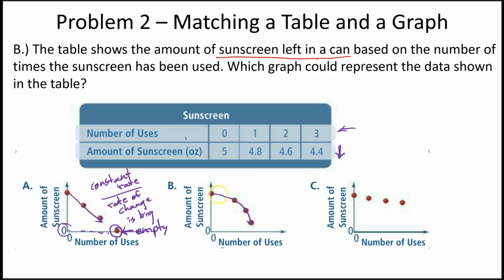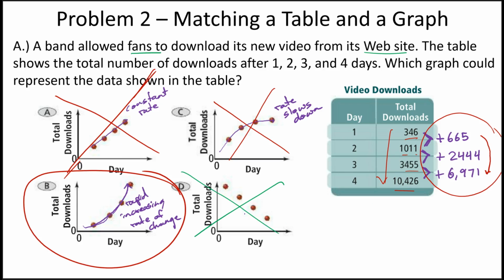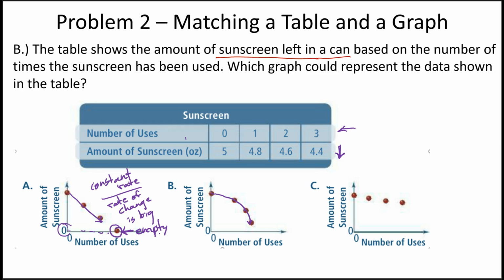So back to B, we see that our rate of change is changing. It's a changing rate of change, and it's changing very quickly. Very similar to what we said over here. That one was a rapid increasing rate of change. This one in here, I would say, is a rapid decreasing rate of change.